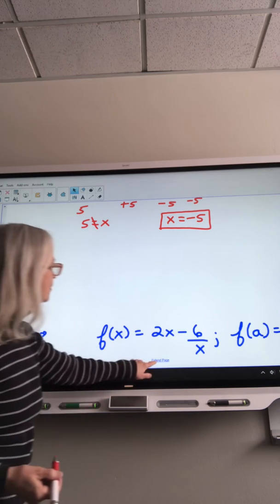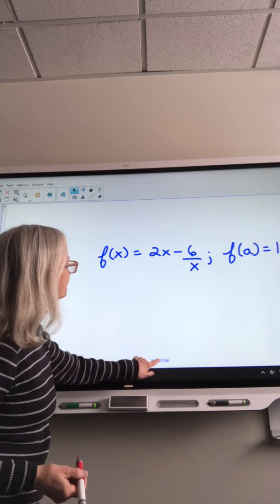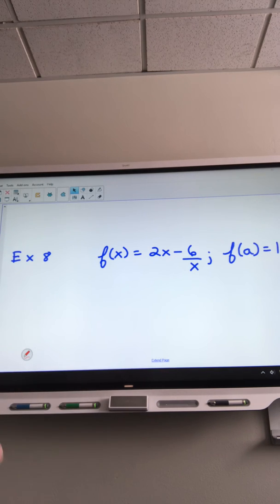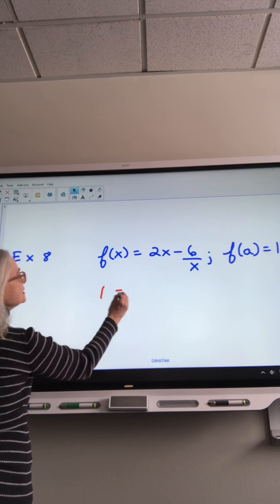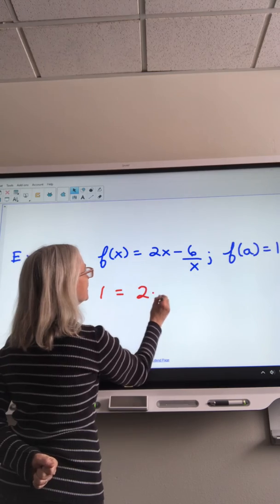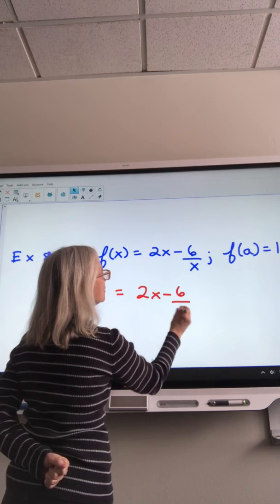Okay, so for example 8, we have a function. The function says f of x is equal to 2x minus 6 over x. If f of x is equal to 1, what would our solutions be? So that means we would rewrite it as 1 is equal to 2x minus 6 over x.